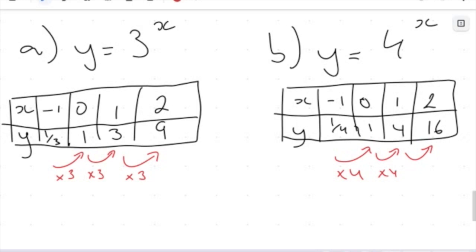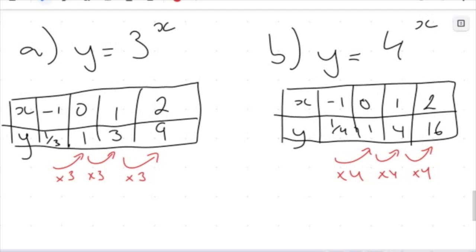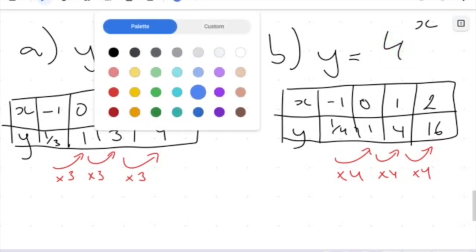We get from 4 to 16 by multiplying by 4. Now let's look at the pattern here. The growth in y, whether this doubles, triples, or quadruples, increases relative to the number we have here, the base number. So let's make a note about that.